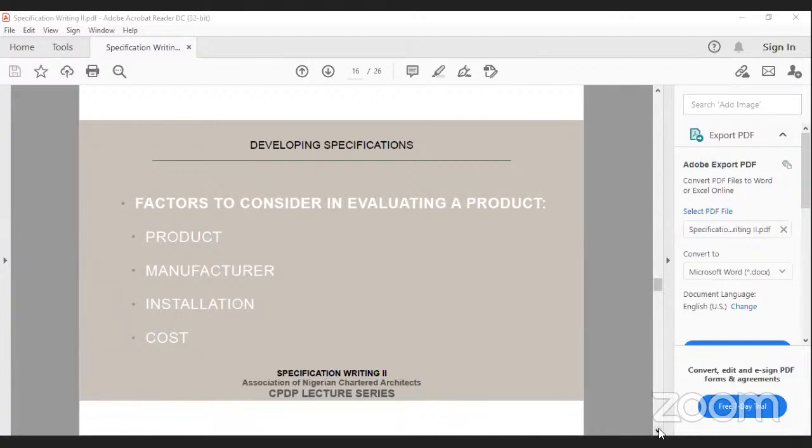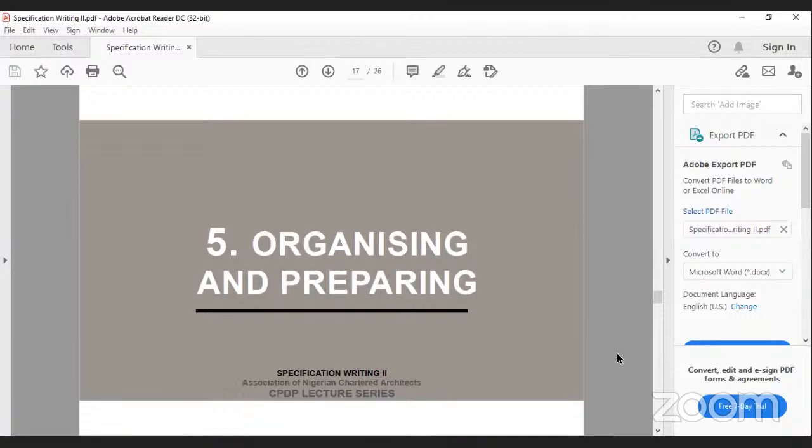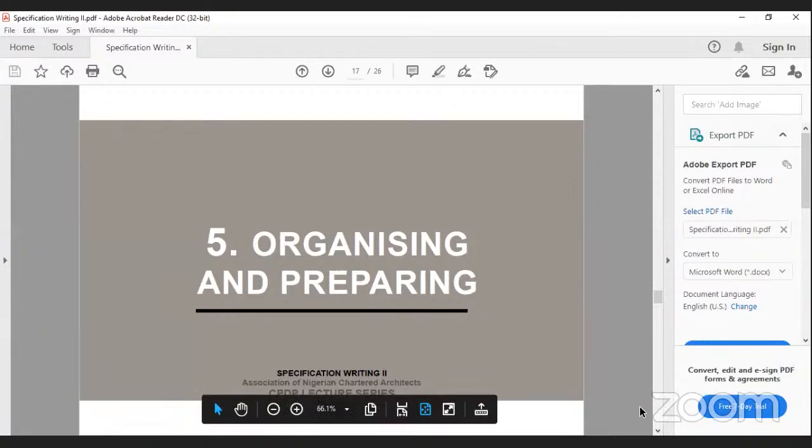So you've talked about factors for evaluating the product. Then you come to organizing and preparing your information. Several decisions are required at the outset of the development of your specification. One of them depends on the type of contract. One that is very common is design and build.